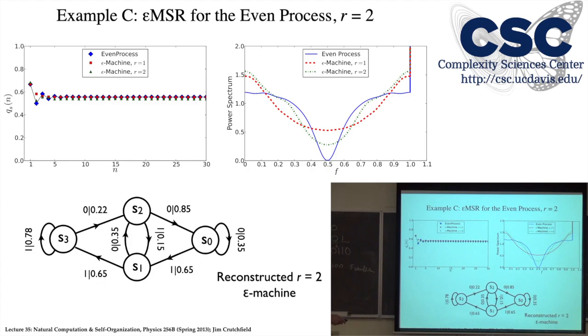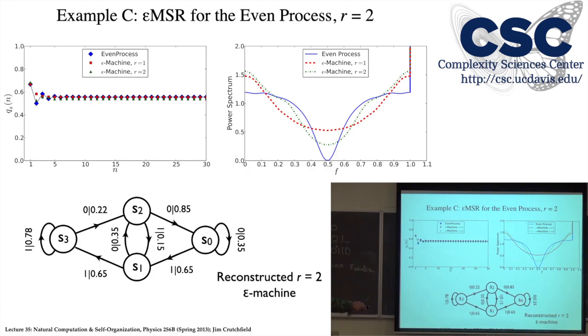There are a couple of comments I'd like to make, though. First of all, you might assume that looking at S0 and S1, since they both have the same probability of seeing a 0 and a 1, you can collapse these two into the same causal state. But in fact, we can't, because we want to look ahead not at length 1 sequences, but at length 2, since the spirit of this epsilon machine is really looking at memories of length 2.